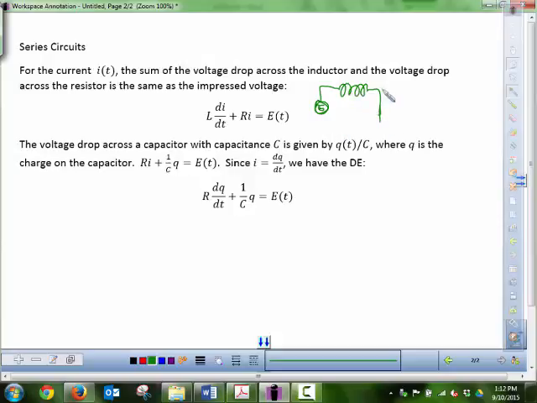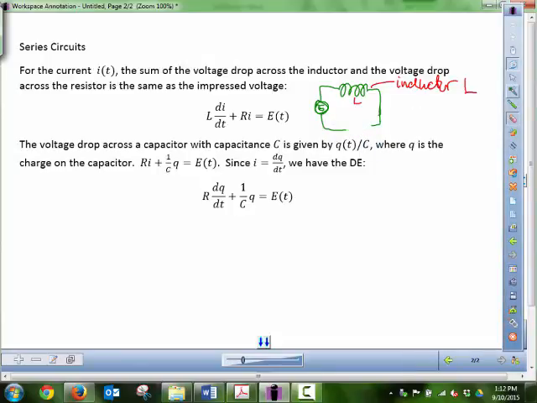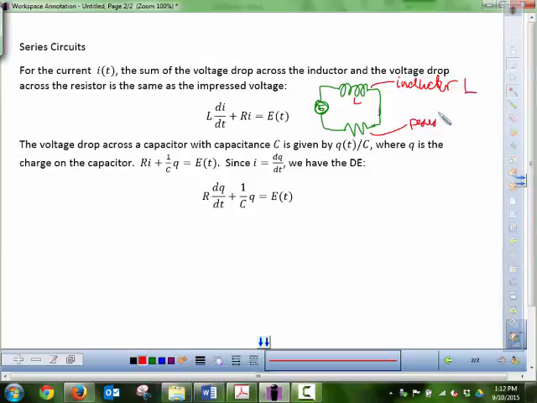So this is an inductor, and it's usually denoted by L. And then it goes around, and then you have a resistor, and that's usually denoted by R.